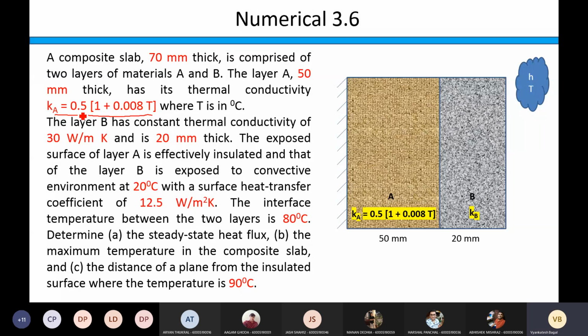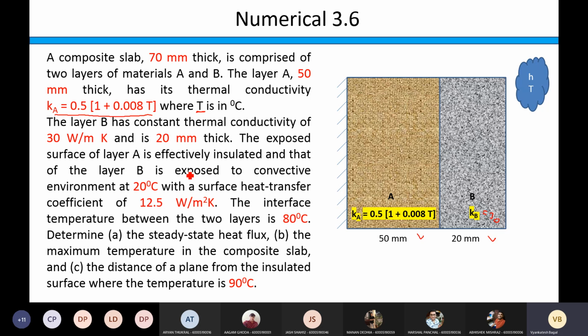So K is 0.5, 1 plus 0.008 T. This is the variation in the thermal conductivity for this zone A, where temperature T is taken in degrees. Fine. Now, the layer B has a constant thermal conductivity of 30 watt per meter K. So this value is given 30 watt per meter K. This is constant. And is 20 mm thick, which is written here, and this is 50 mm thick.